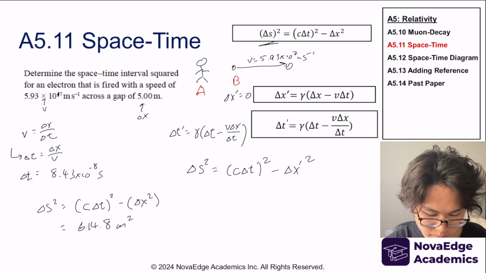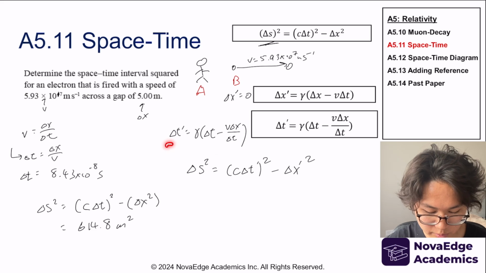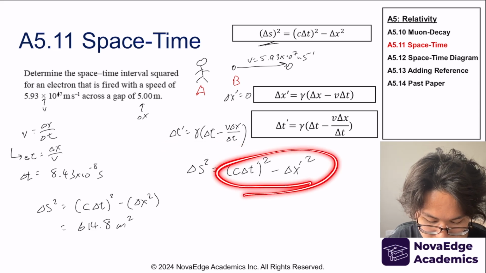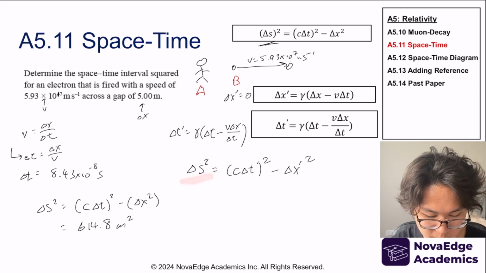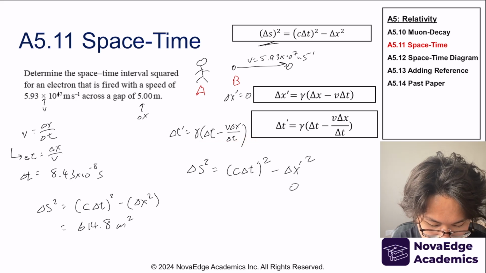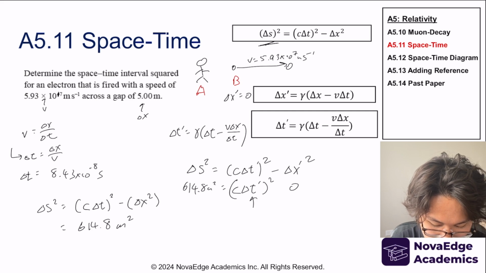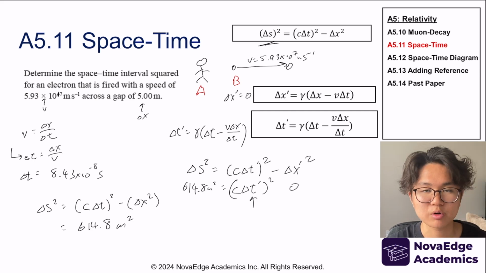Right? So we have this prime now, these values that we've calculated. If I plug it into here, I'm actually also going to get the same thing. Now, instead of doing Lorentz transform, because I know it's 0 and I know this is 614.8 meters squared, I can actually isolate delta t prime and calculate delta t prime as well.